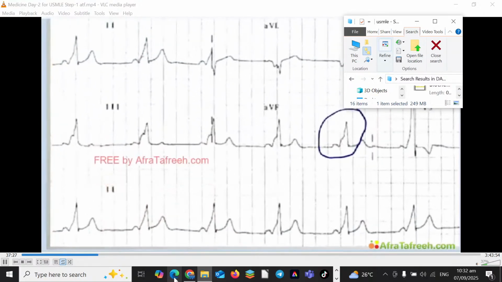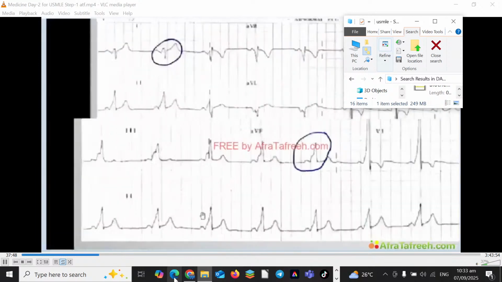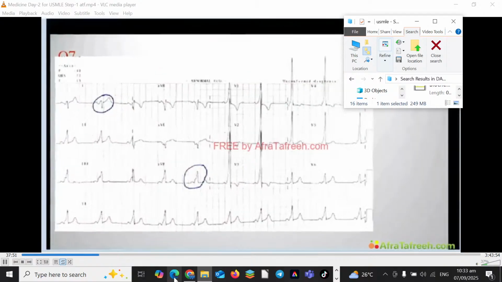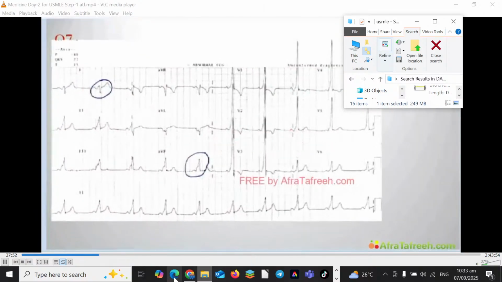When you look at this, what is the PR interval? What are the abnormalities that you see on this particular area? Reduced.